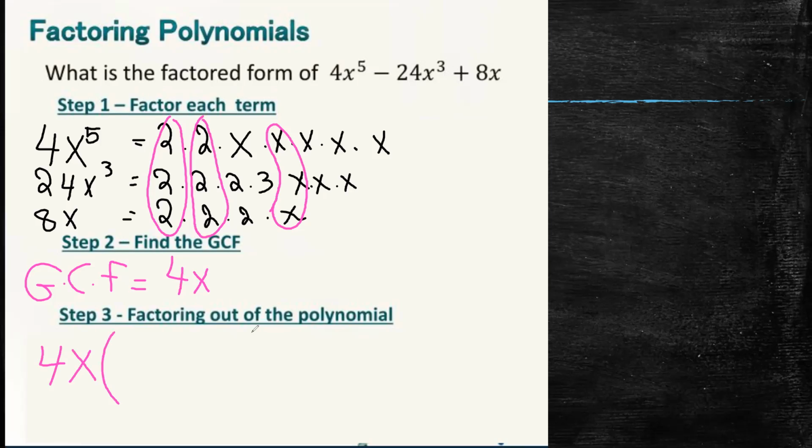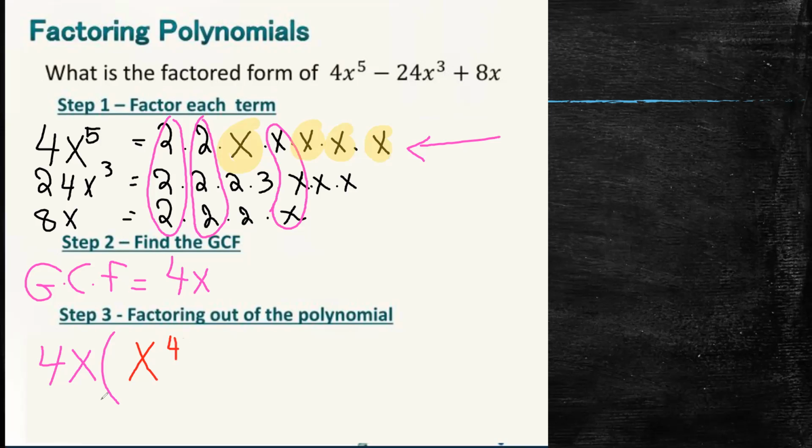Then look at the first one. If you remove the GCF, what do we have left? We have x and x and x and x. If you remove the greatest common factor, what do we have? x to the power 4.